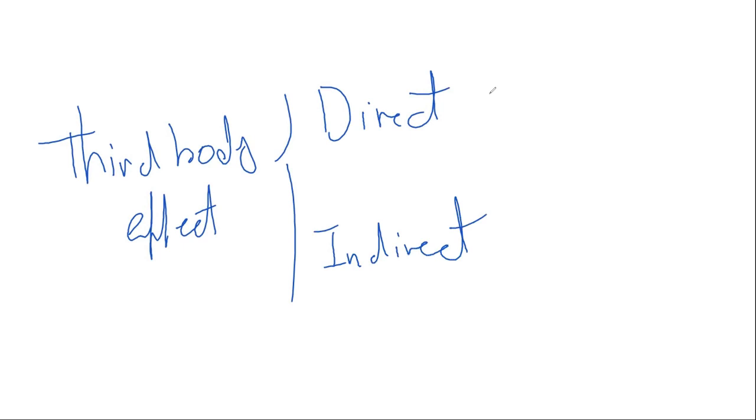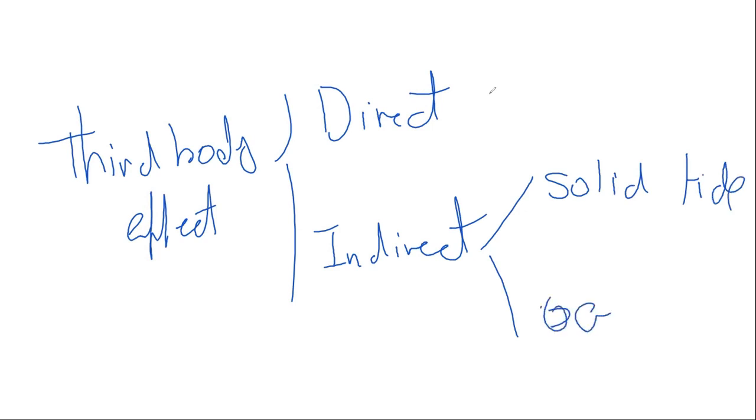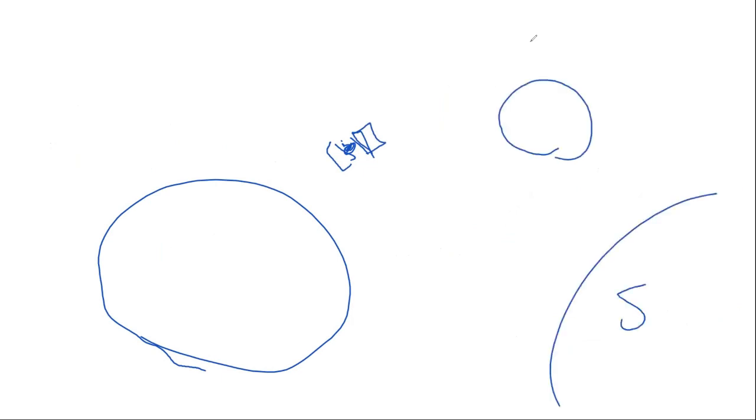So now I explain what it is. Indirect is called solid tide and ocean tide. Let me draw a figure. If I have the Earth here and I have one satellite here moving around the Earth, I have the moon here and I have the sun here.